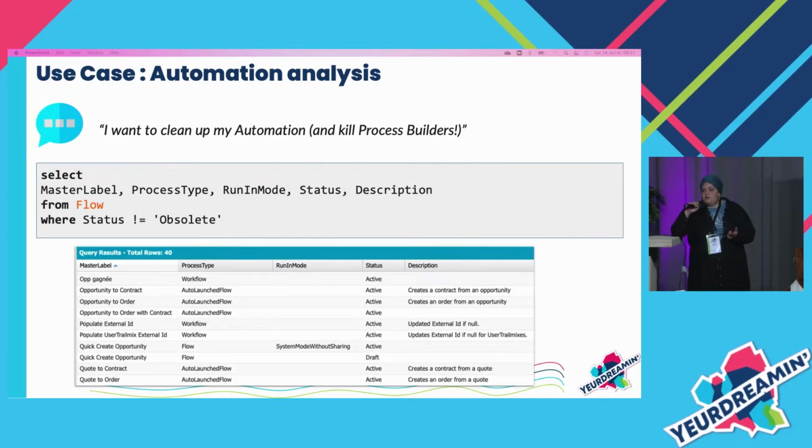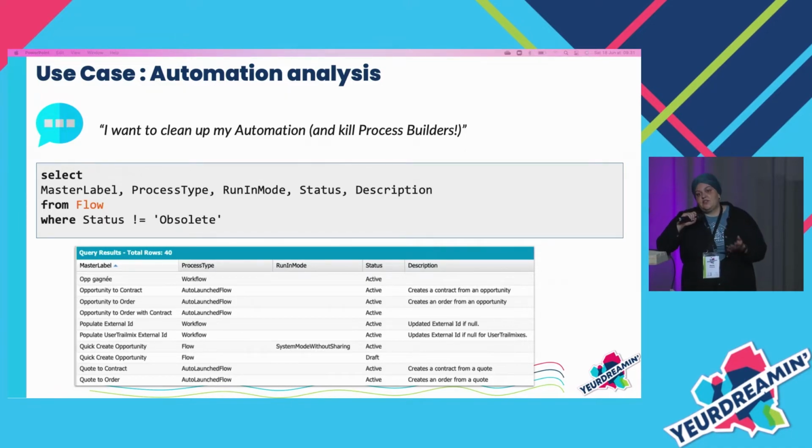Now, if you want to check all the flows in place in your org, you can simply query, of course, a master label and filter by status. Skip all the status having obsolete as value, because when you are creating a flow, you can have several versions of your flow, and then the last version becomes activated, and the others are deactivated.